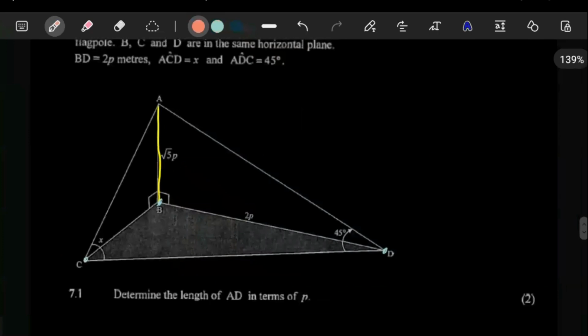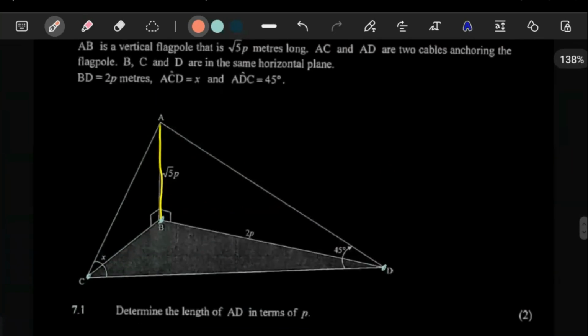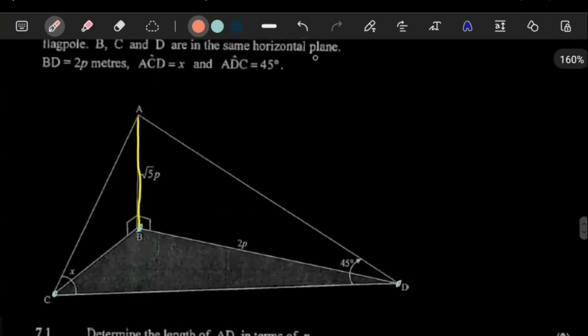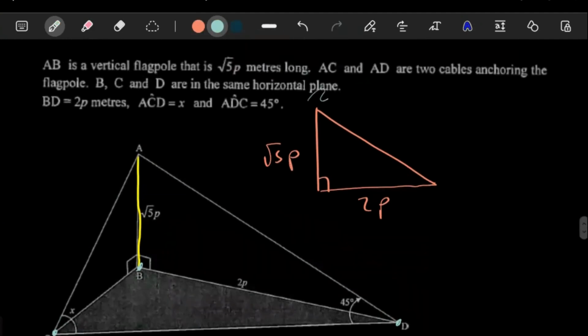And then for 2 marks, they said we should get the length of AD, which is this whole length here in terms of P. So the one thing for sure is that we have a right angled triangle over here, right? And then we have here 2p, we have here square root of 5p, and then obviously up here we have A, AD and B.